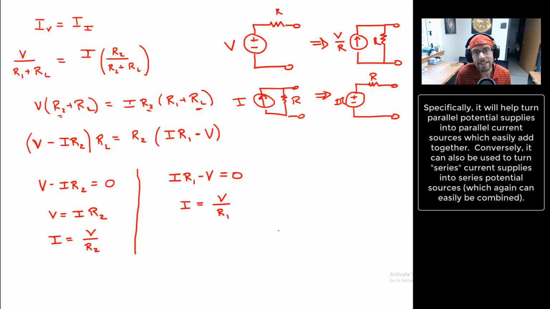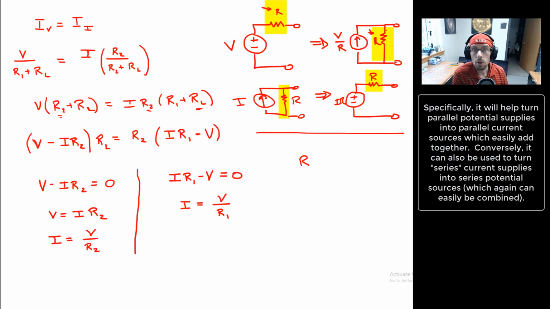The other thing that I need to mention, though, is again, recall that you are interested in RL, how this circuit affects a load resistor or a load in general. In other words, when you do a source transformation, you cannot be looking, for example, at the current flowing through R. And when I say R, I mean this R resistor here.